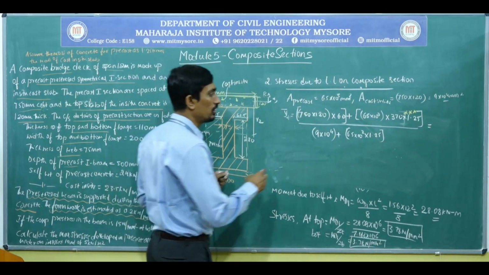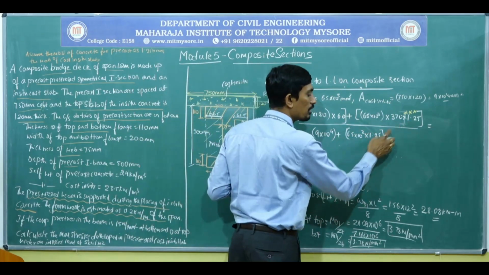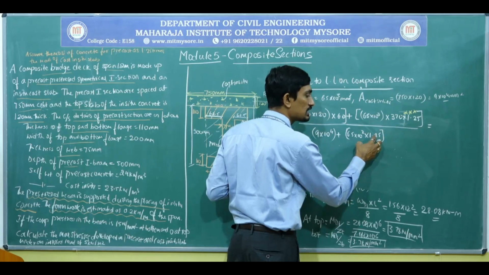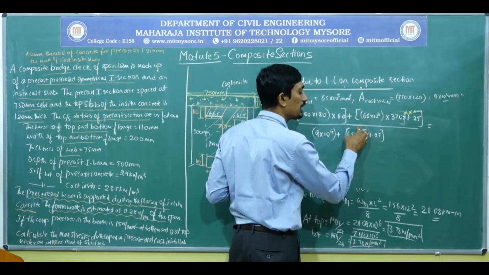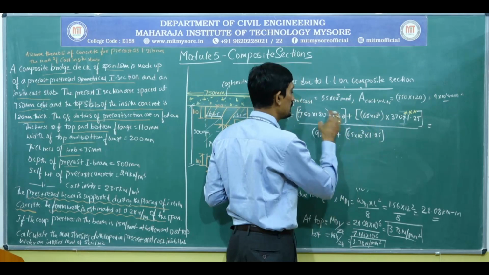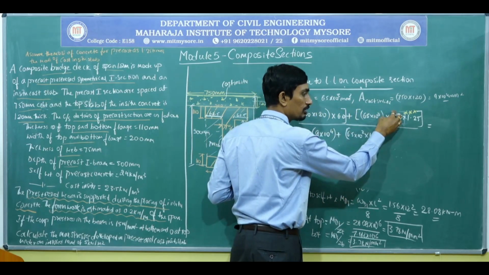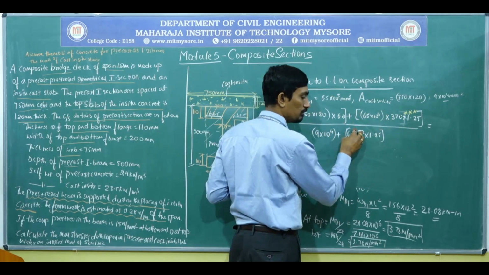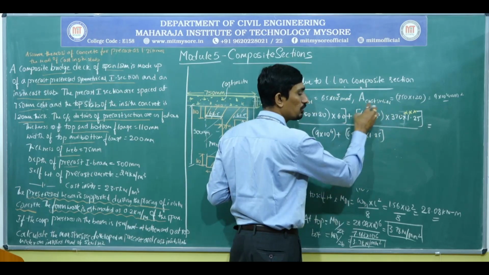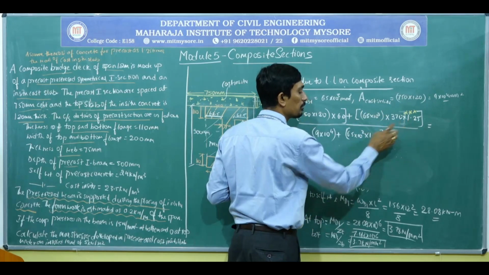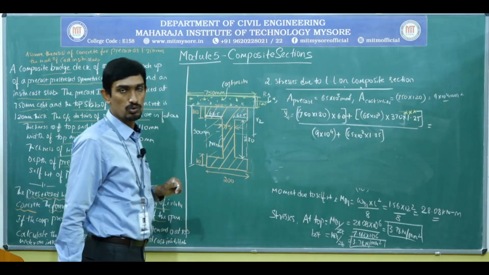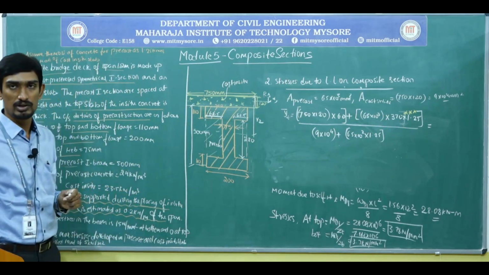I hope you understood. This 1.25 modular ratio I need to consider wherever the precast section will come. This is A1 Y1, A2 Y2, A1 plus A2. Wherever this A2 terminology will come, I need to multiply this modular ratio 1.25. Did you get my point?